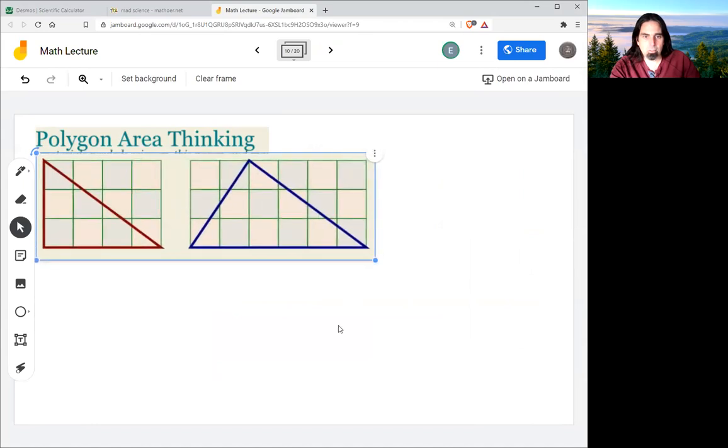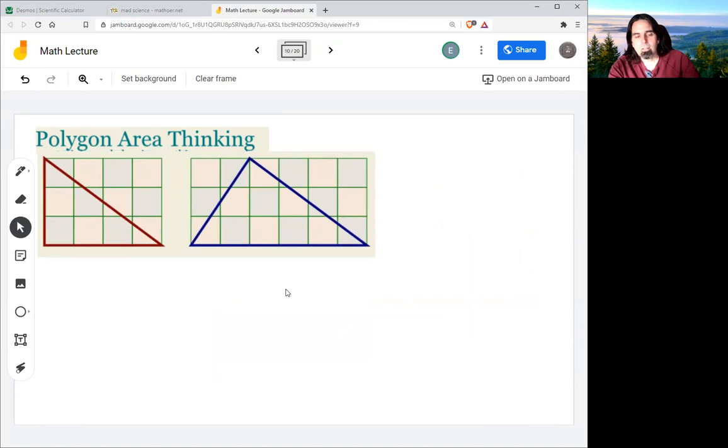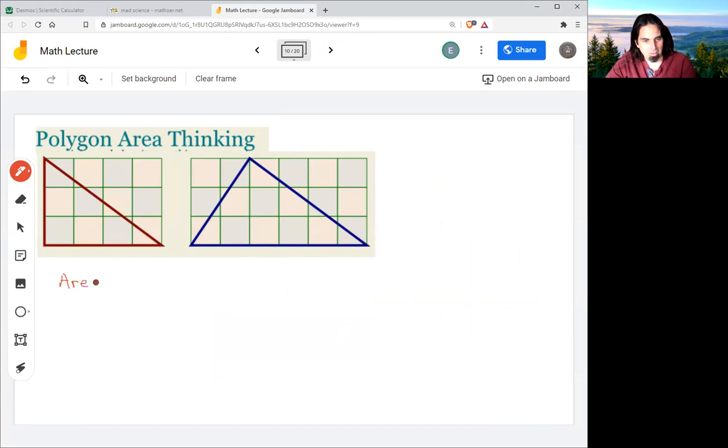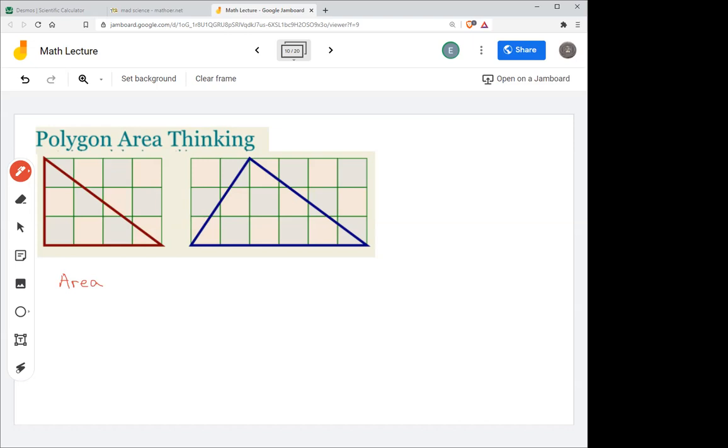Make that a little nicer. Okay, what's the area of our red triangle? One half times base times height.